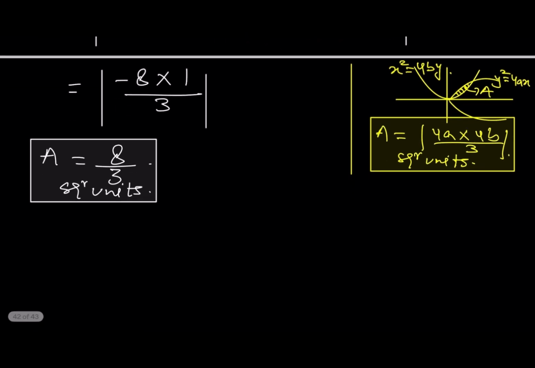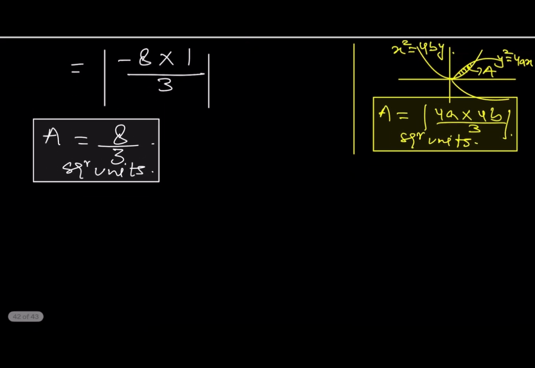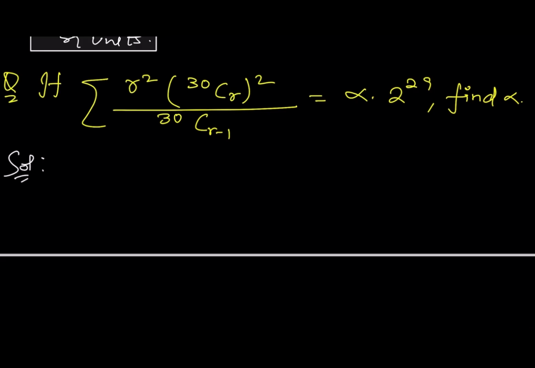Now let's move to the next question, which is from binomial theorem. The question is: if summation of r square times 30Cr whole square upon 30C(r minus 1) is equal to alpha into 2 to the power 29, then find alpha. Now I am writing the numerator part as r times 30Cr whole square.